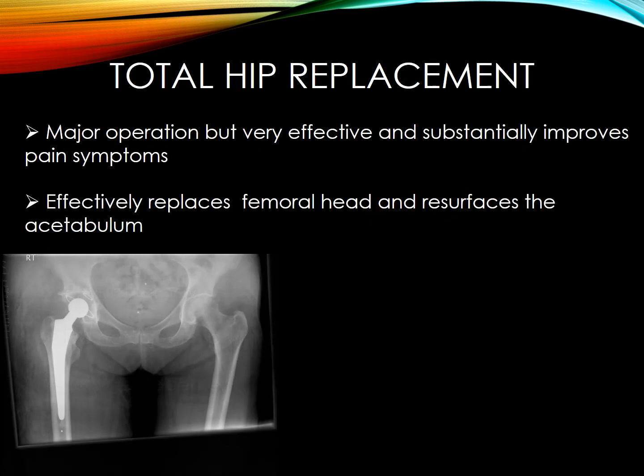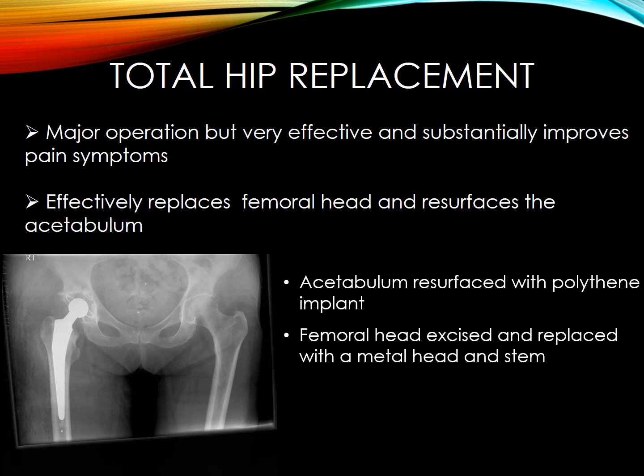And a total hip replacement, as you'll see on this slide, is essentially resurfacing of the acetabulum, replacing it with a polythene implant, a polythene cup, and then removing the femoral head and replacing it with a metal prosthesis and a stem.